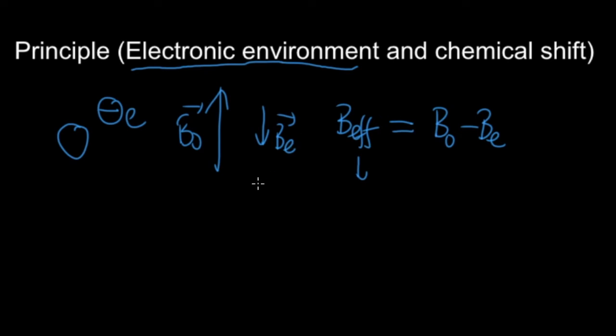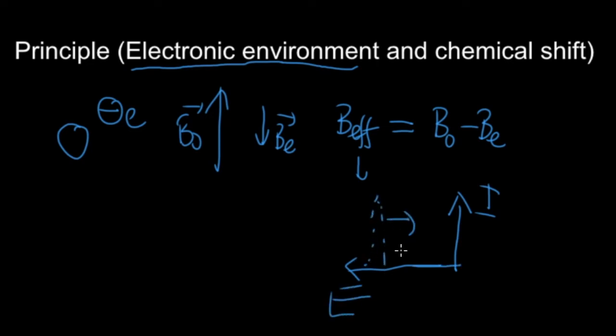So here if we draw, this is the intensity axis and this is the energy axis. The original peak will move here due to the reduction of the energy difference. So this is called upfield, and this is called downfield.